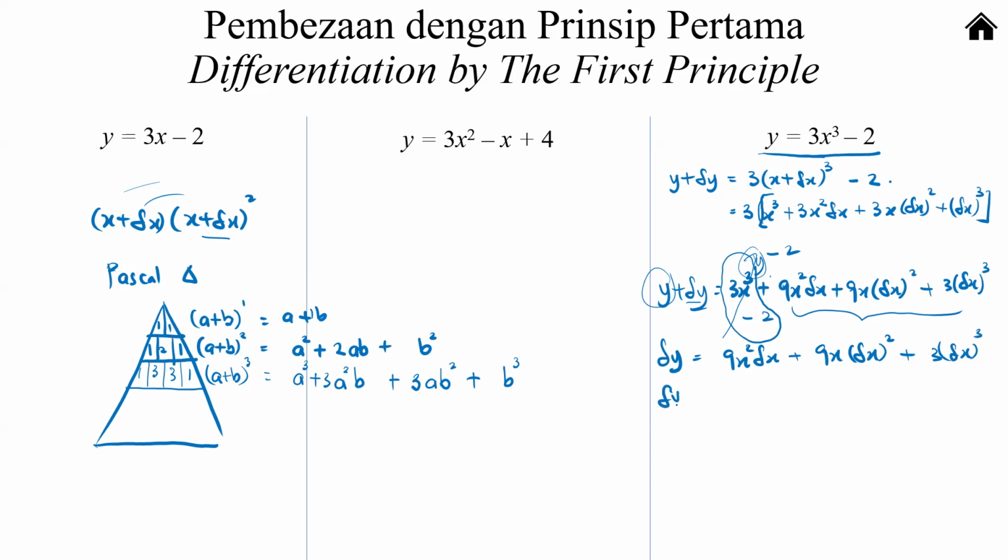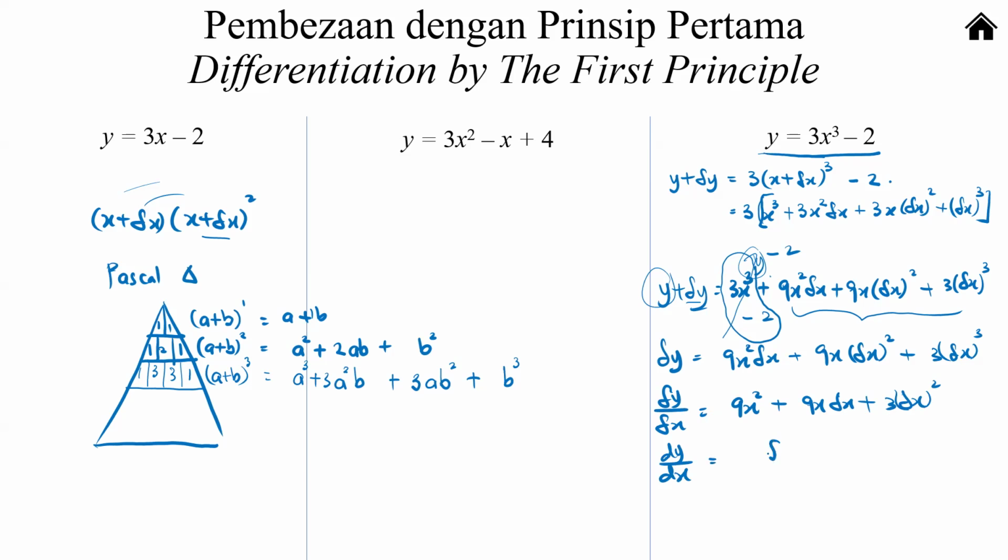And then delta y by delta x equals 9x squared plus 9x delta x plus 3 delta x squared.